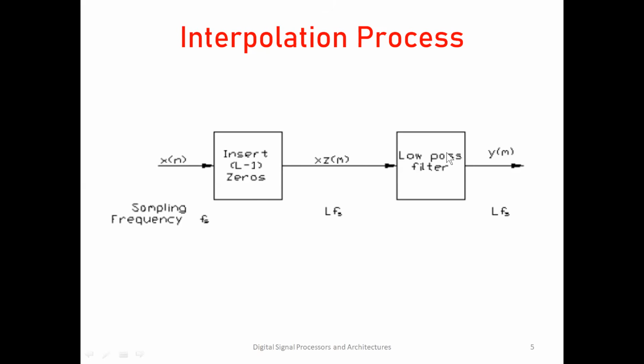The filter computes the interpolated samples using the samples of the original signal. The order of the filter equals the number of original samples used in an interpolated sample. This is nothing but a low pass filter, and the interpolation process structure is shown like this.